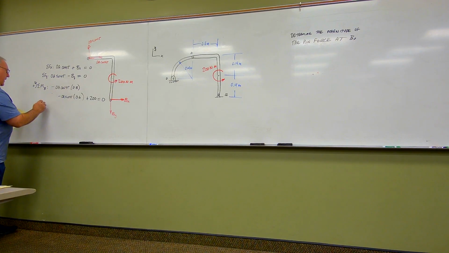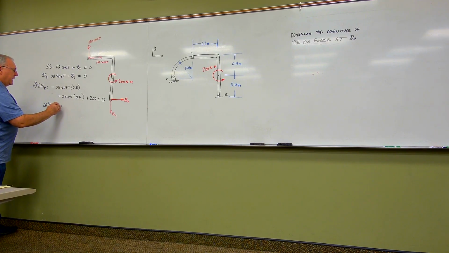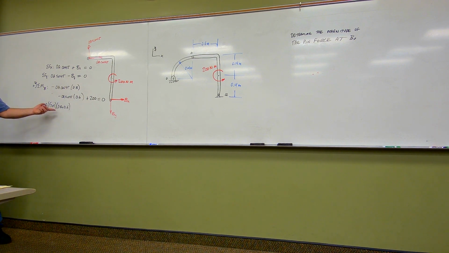So I'm going to have OA times, let's see, both of these are 0.707, so OA times 0.707 times 0.8 plus 0.6. Now, folks, think about this. 0.8 plus 0.6 is 1.4 exactly. 1.4 times 0.707 is real close to 1.